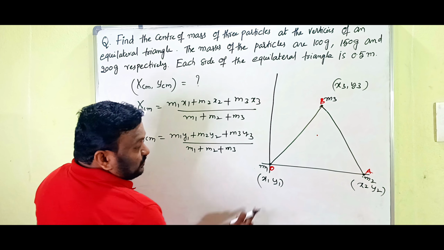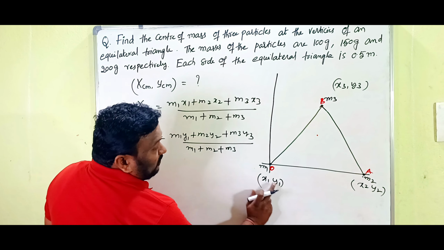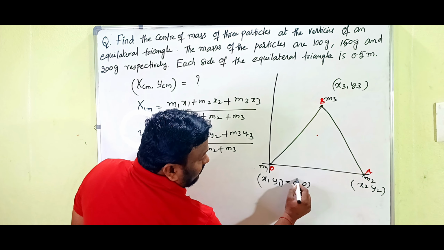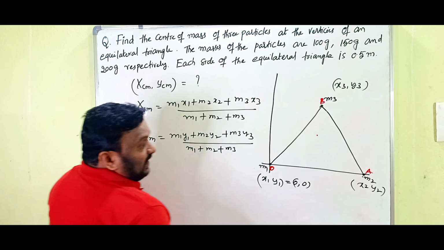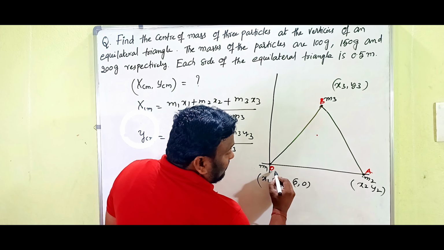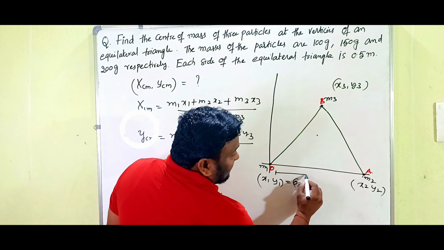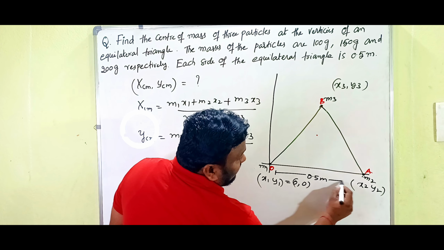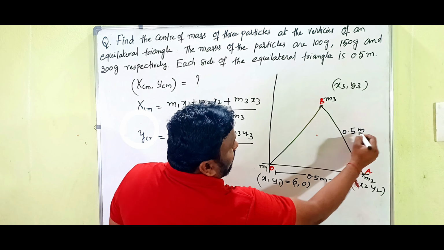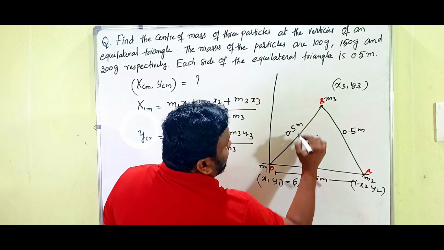Now first you have to understand the values of x1 y1, x2 y2, x3 y3. Clear children? Here this is the origin, x1, y1. It is the origin, so the x1 value is 0, and y1 is also 0. The particle is at this point A. Each side is given as 0.5 meters. This is 0.5 meters, this is also 0.5 meters, this is also 0.5 meters.